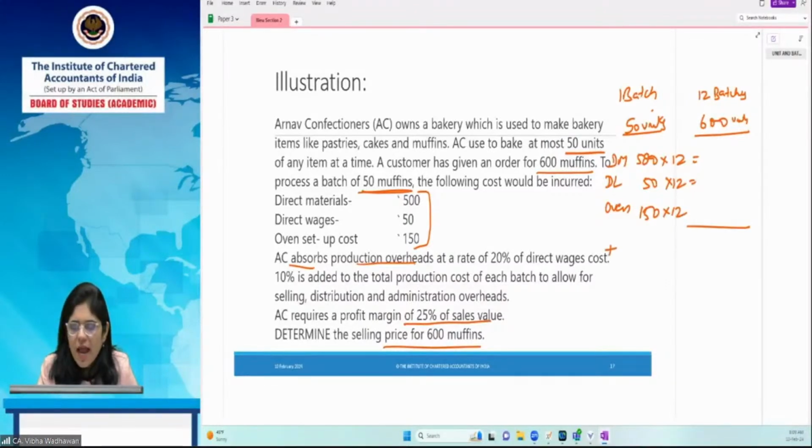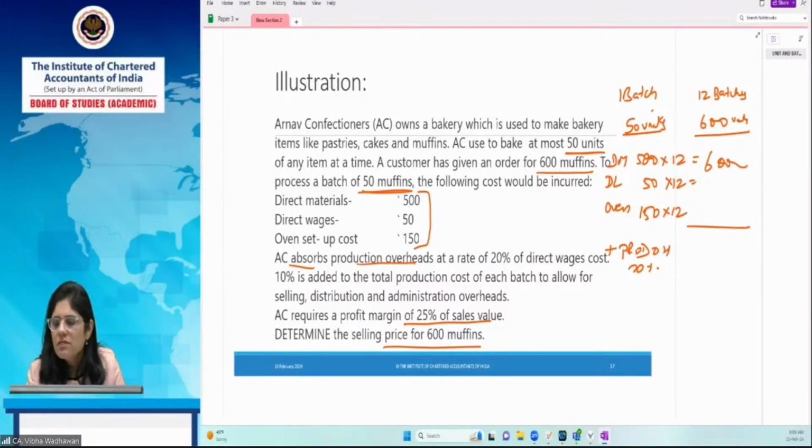Then we will be adding the production overhead. Production overhead is 20% of wages. Can I have the direct material please? Quickly. Okay, it's 6,000. Wages are 600 and oven cost is, let me calculate, 1800.